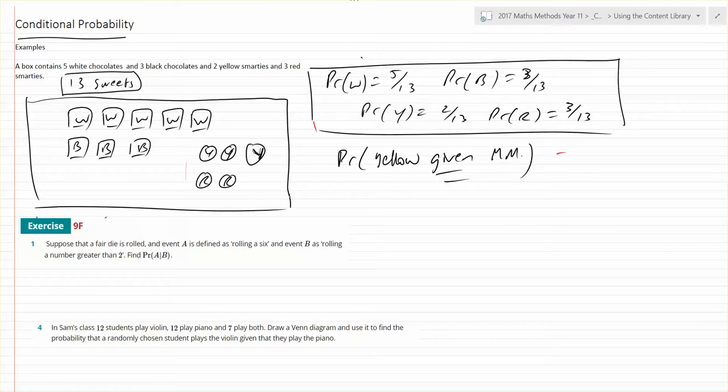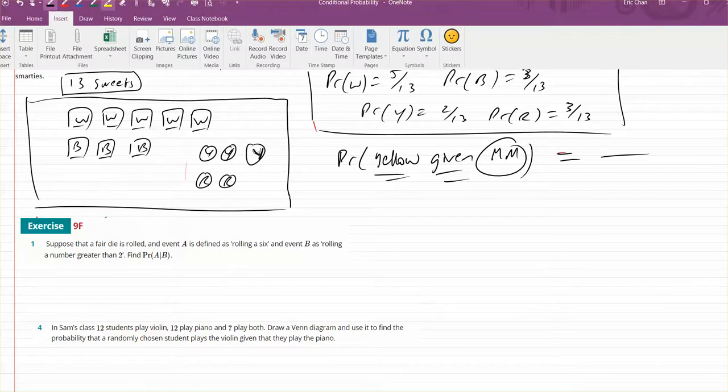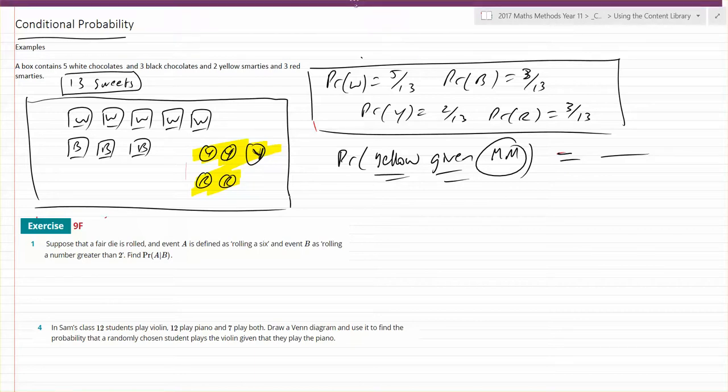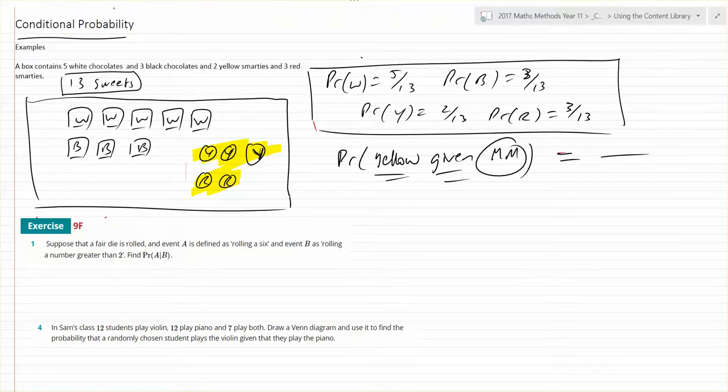Given that it's already an M&M, we know there are 6 M&Ms in the box. So all you have to do is put 6 at the bottom, out of 6, of which yellow are 3. So it's 3 out of 6.